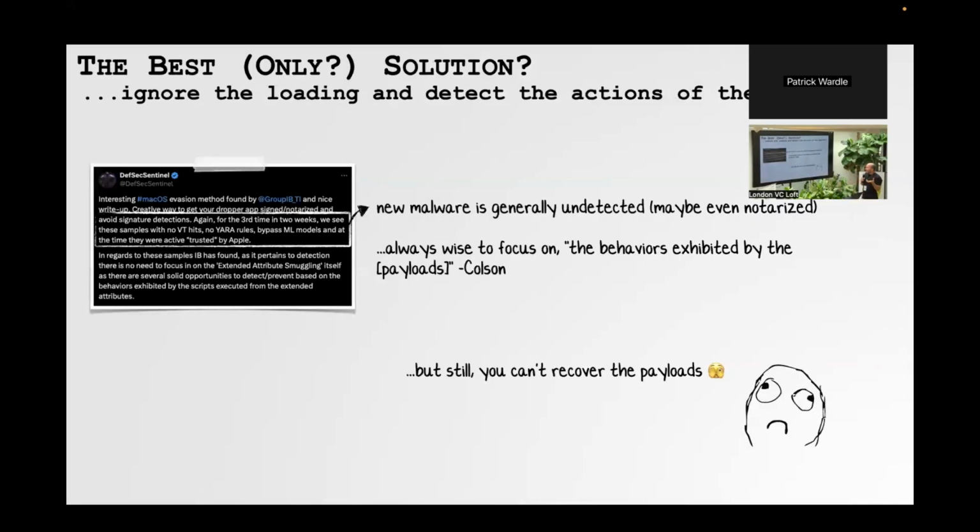So really the best and only solution is actually to ignore the in-memory loading component and specifically focus on what it does. For example, imagine I write a stealer and I convert it to an in-memory bundle, and I have a little loader that Apple has perhaps notarized. There's no way to detect the download and execution of that in-memory payload or to capture it.